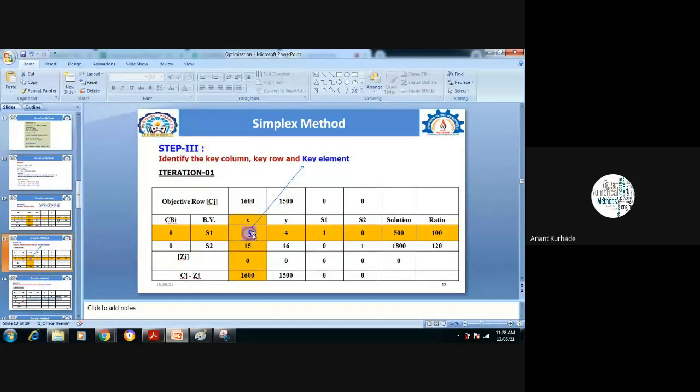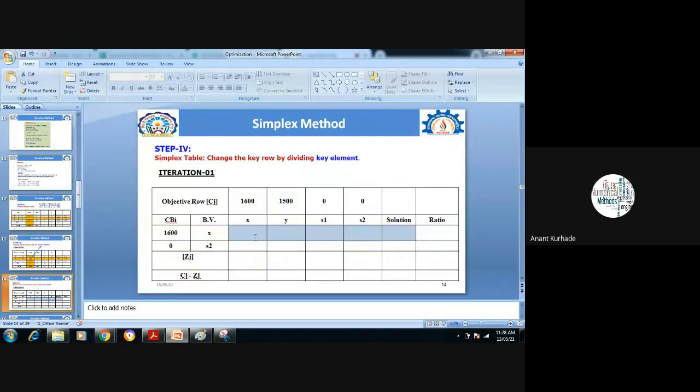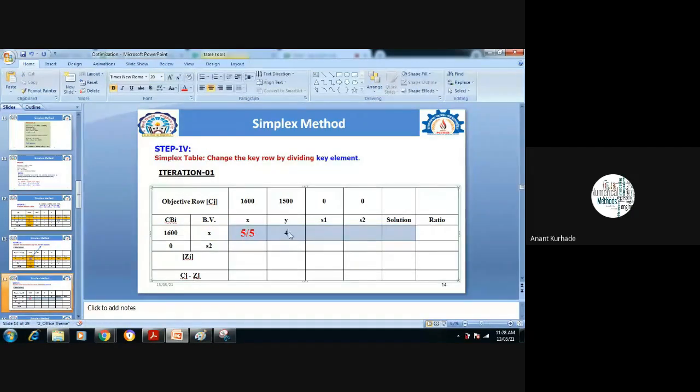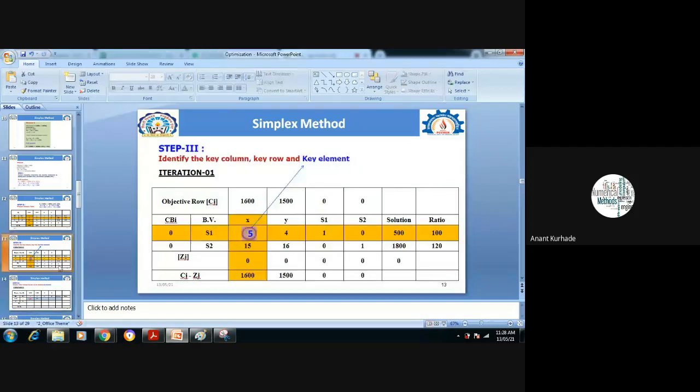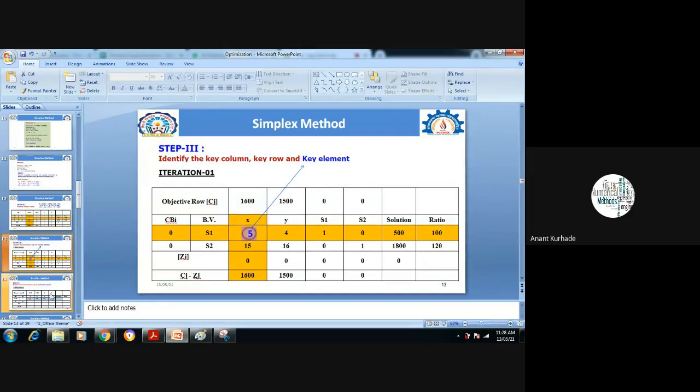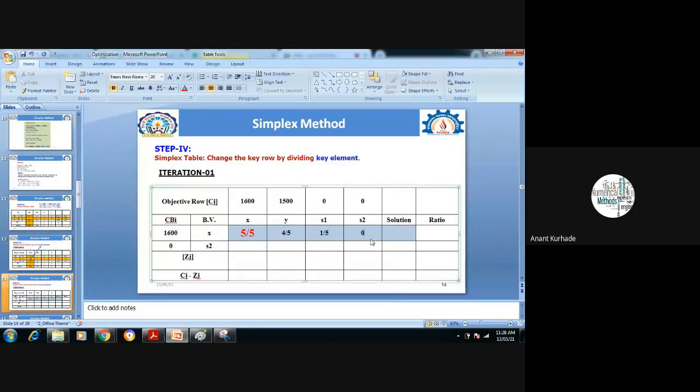So here write 5 divided by 5. Next, 4 divided by 5. Next, 1 divided by 5, because 5 is the key element. Then 0 divided by 5, and 500 divided by 5.